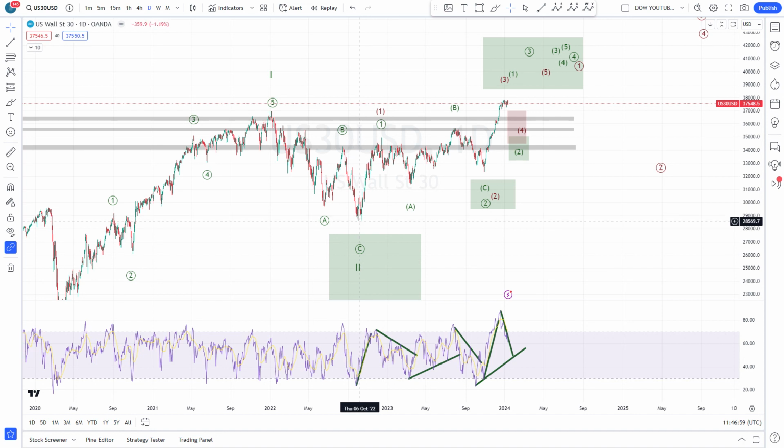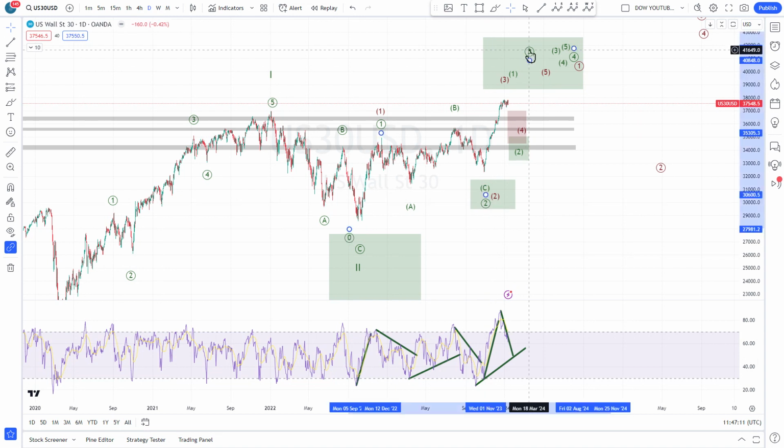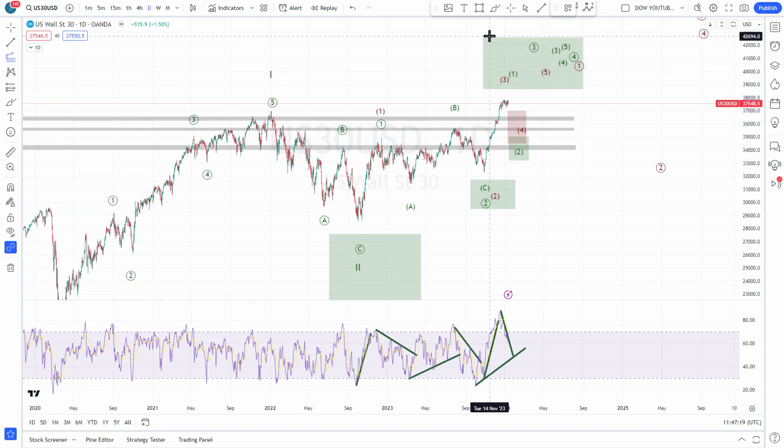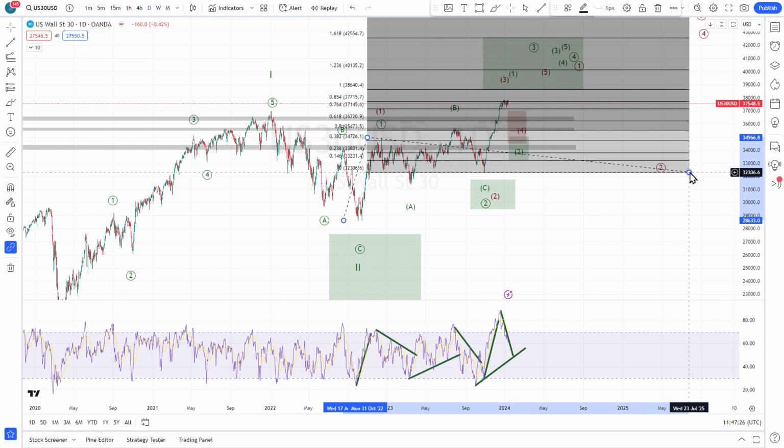It could be that, as shown in green here, we had our wave 1 in the higher degree, wave 2 down with a running flat as a wave 2, and then from here we are working on this wave 3. The wave 3 target is this area here. If we take the length of our wave 1, the length of our wave 2, then the wave 3 target becomes the area between the 1 and the 1.618 FIB extension.